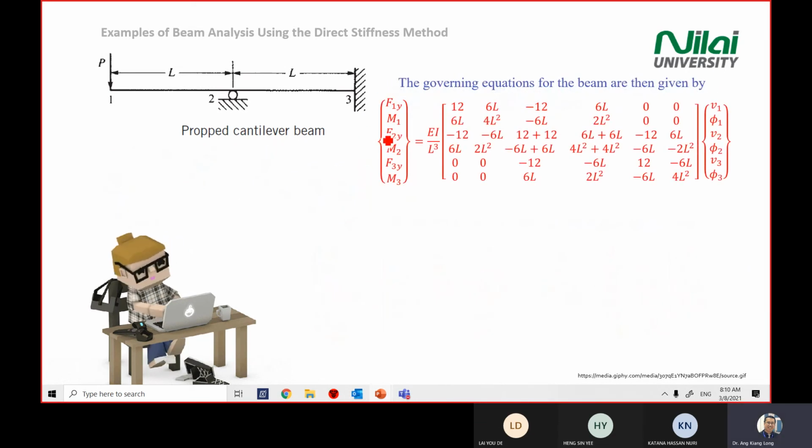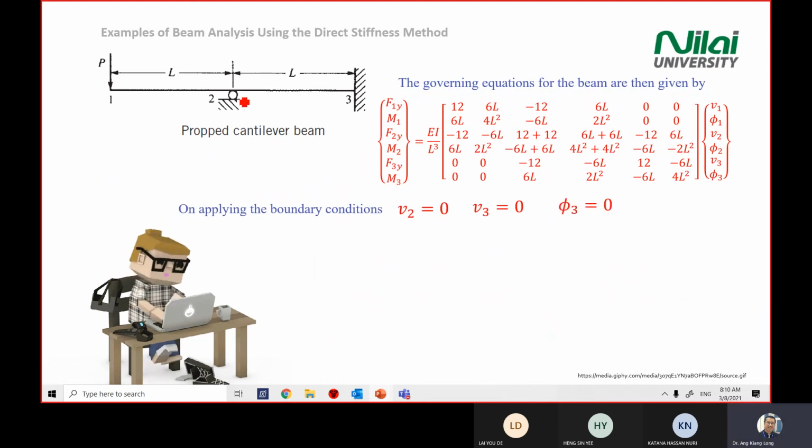Last lecture we stopped at this point, and then we apply the boundary conditions. Point 2 is not able to move down when you press down, so V2 equals 0. V3 of course is inside the wall, so there's no vertical displacement, and no rotation can occur at point number 3, so V3 and rotation 3 equal 0.